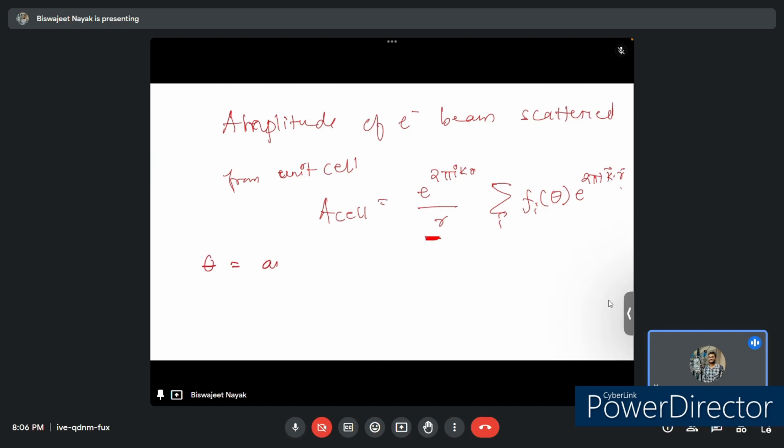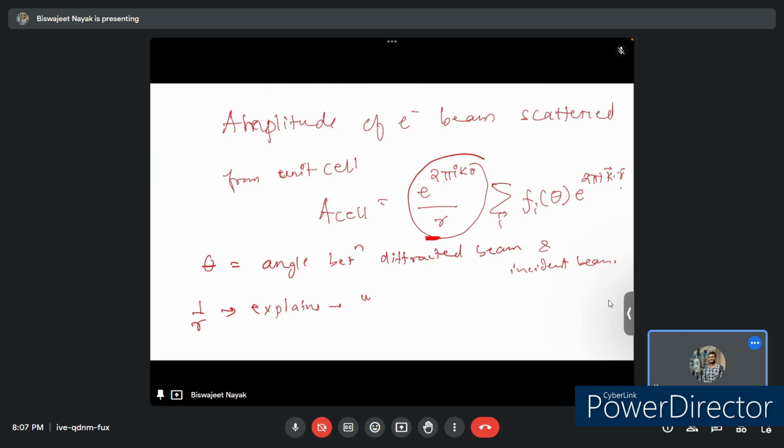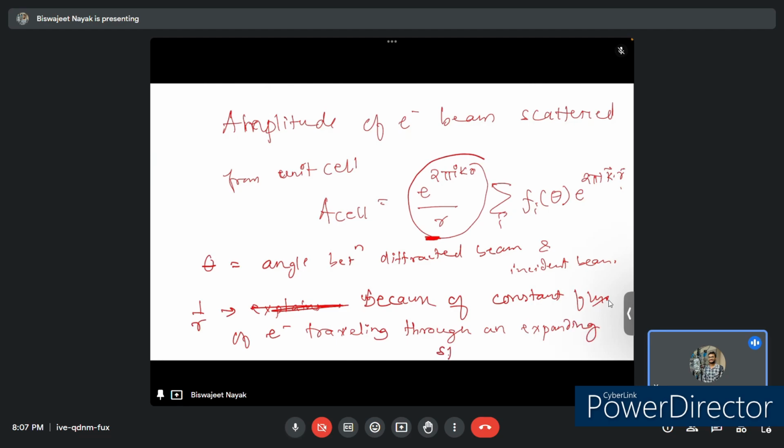So theta is the angle between the diffracted beam and the incident beam, and the outside term explains the constant flux of electrons traveling through an expanding spherical surface.